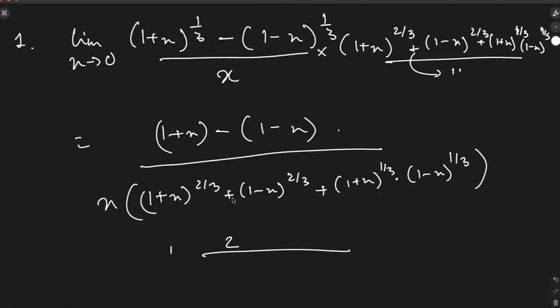And whatever x are inside over here, we can just put the value x equals 0, because it has been given that x is tending to 0, giving 1 plus 1 plus 1. Now the answer will finally be 2 by 3 for this question. So the main trick was to identify that this is the a cube minus b cube form.